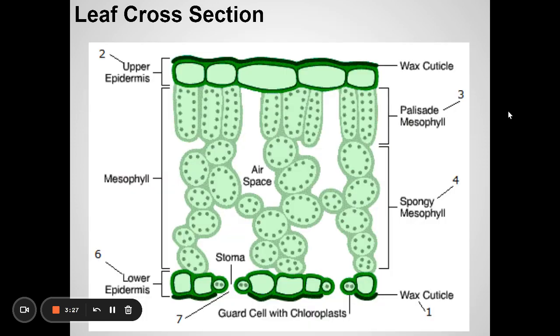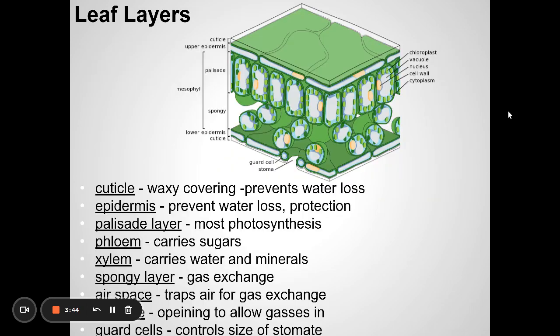And you can see here's the opening. And sometimes those openings get sealed up. There's two cells on each side of the opening. They're called guard cells. And sometimes they close up and seal off those spaces. Other times they open. And they do that depending on the needs of the plant and depending on conditions.